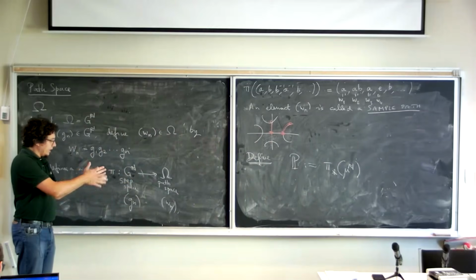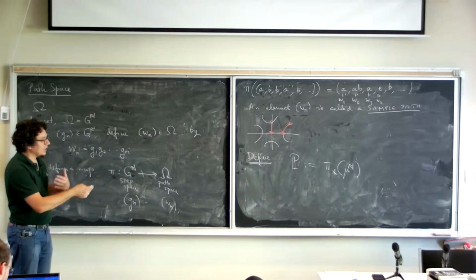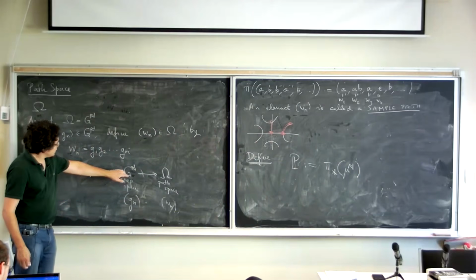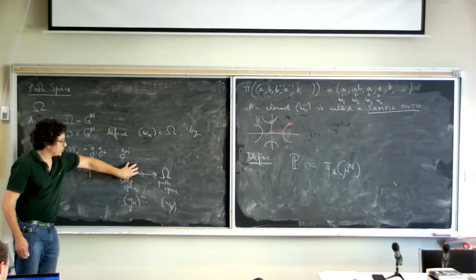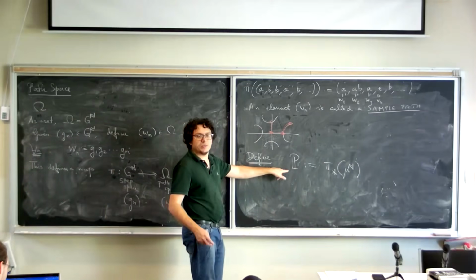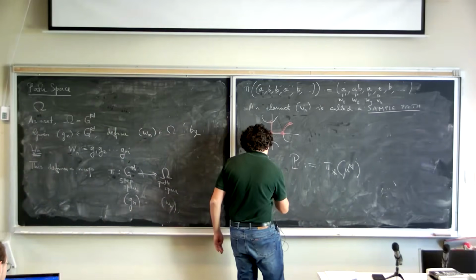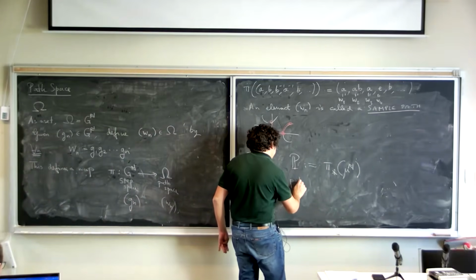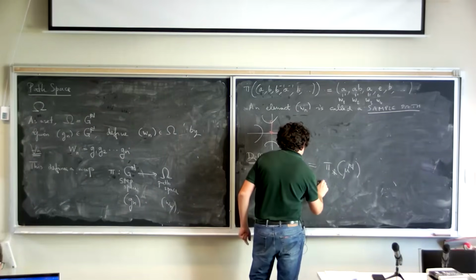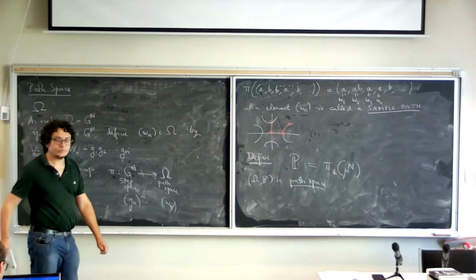So we're describing the same stochastic process, just in a different way. So here we have the product measure. We push it forward, we get a new measure, and we just denote this measure by P. So omega, P is the path space. So we'll try to keep this notation, omega and P.